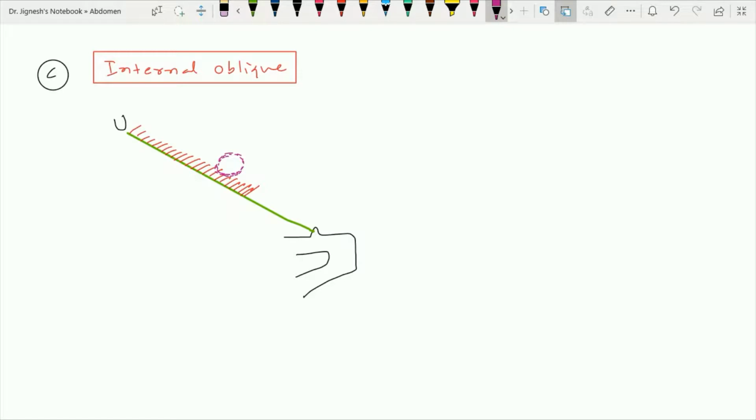So the internal oblique muscle arises beyond the deep inguinal ring, and the muscle fibers of this internal oblique muscle arise somewhere like this, and the lower fibers curve and form the aponeurotic fibers, which insert over the pubic crest as well as the medial part of the pecten pubis. And this tendon, along with the aponeurotic fibers of the transversus abdominis muscle, is called the conjoint tendon.